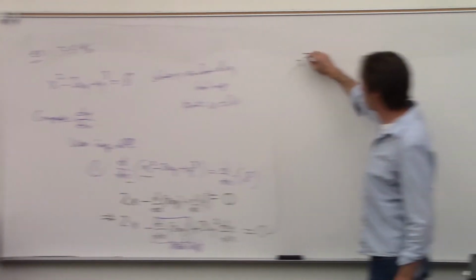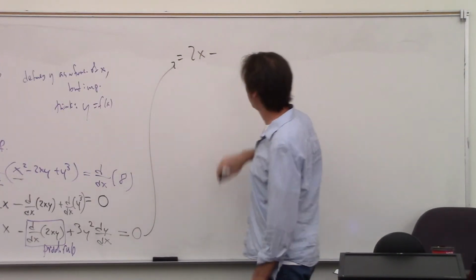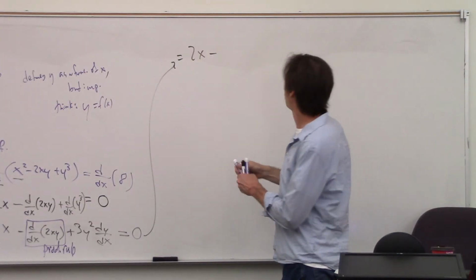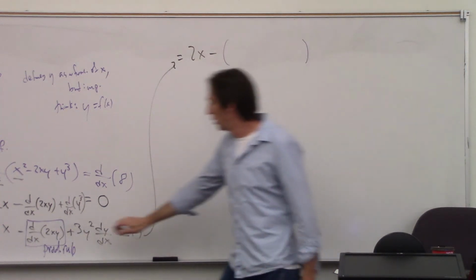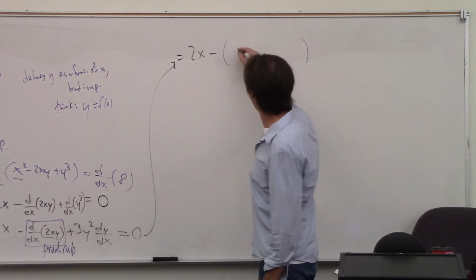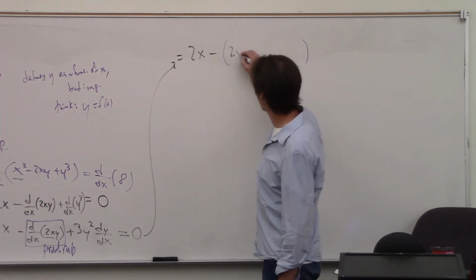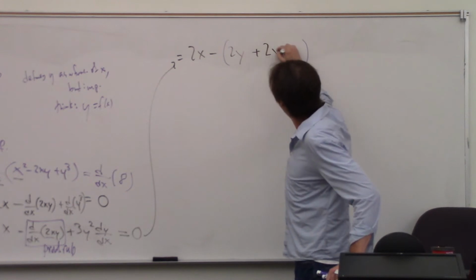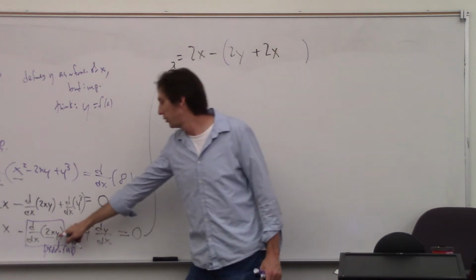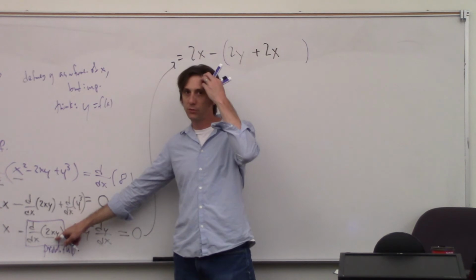Coming up to the top here, here's 2x and then a minus, and then from the product rule, I'm going to have the following. The derivative of 2x is 2 times the second function, which is y, and then plus the first function, 2x, times the derivative of y with respect to x.